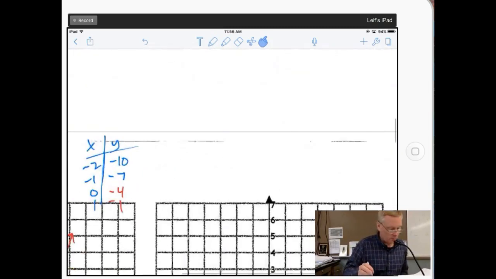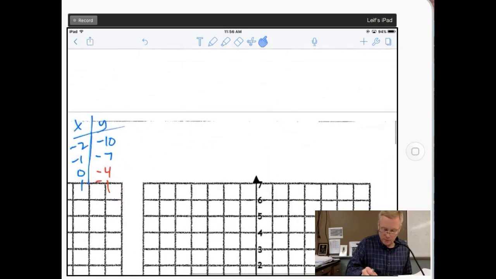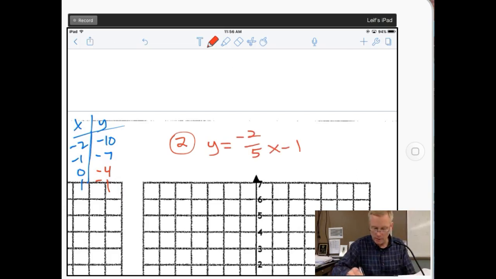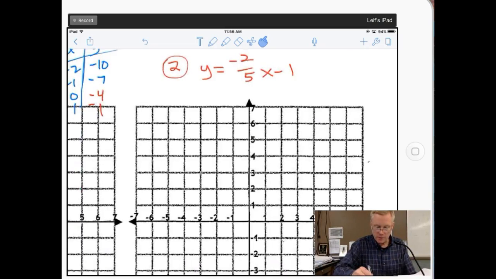All right, so number 2, graph this one. I'm going to do this one with the y-intercept and the slope. Graph y equals -2/5 x minus 1. I'm going to start at the y-intercept. The y-intercept is b, in y equals mx plus b, which in this case is -1. So that's where it crosses the y-axis.